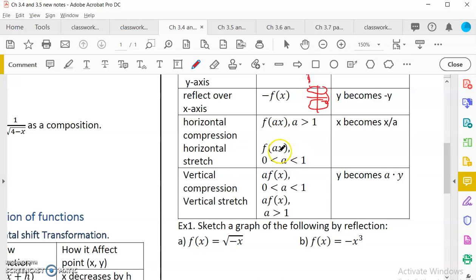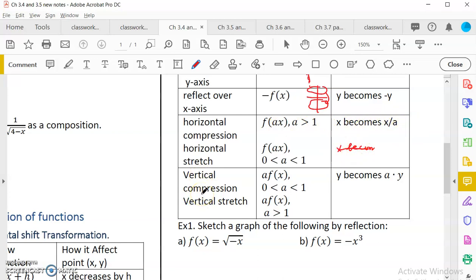If a is a fraction, it becomes a stretch actually. So it's kind of opposite. For horizontal transformation, everything is opposite. You multiply by a number, it's supposed to be bigger, but it's actually compressed. Oh, actually I forgot to type here. So x becomes x divided by a. You multiply by a, x becomes x divided by a.